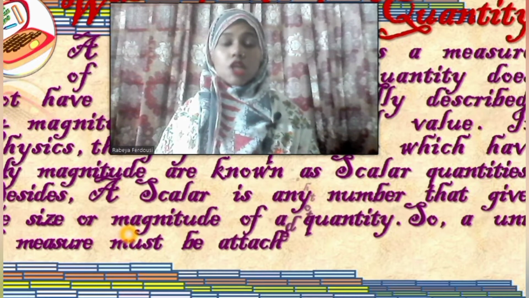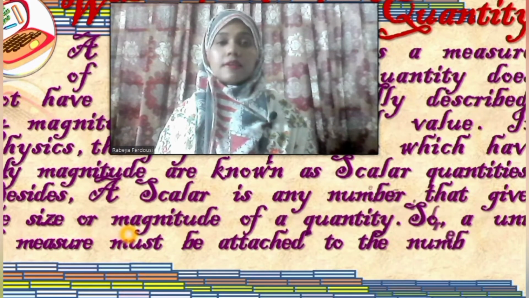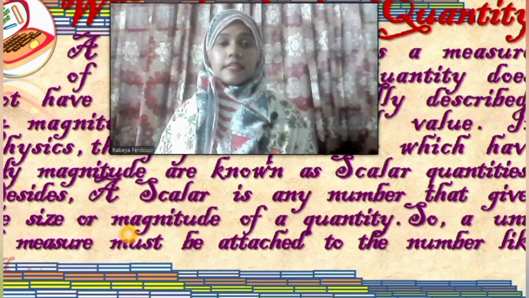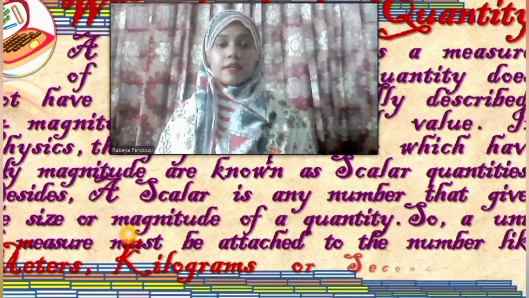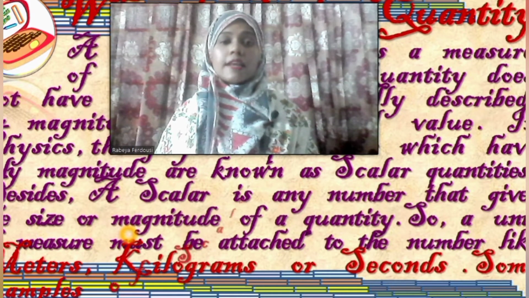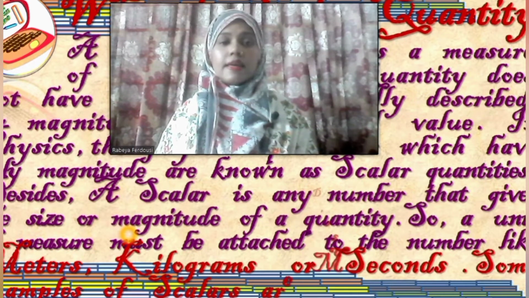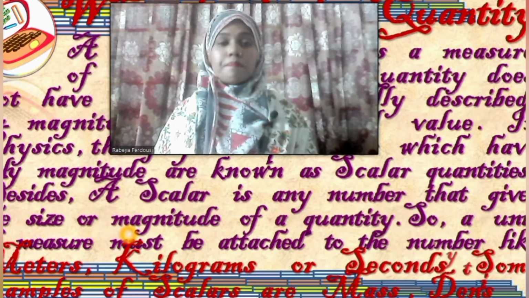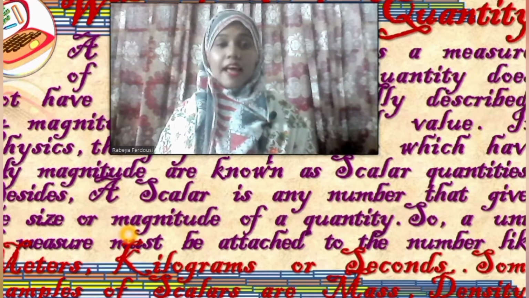Some examples of scalar quantities are mass, density, energy, volume, power, work, pressure, frequency, charge, etc., which can be described only by magnitude but not direction.